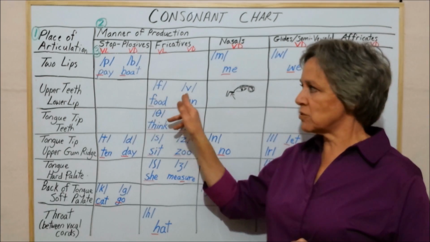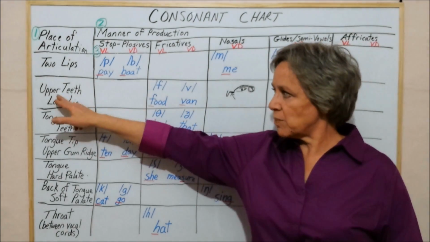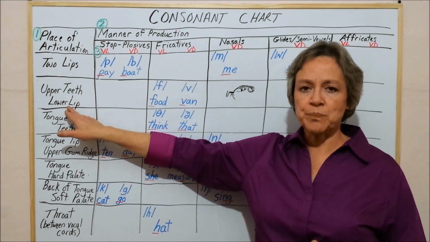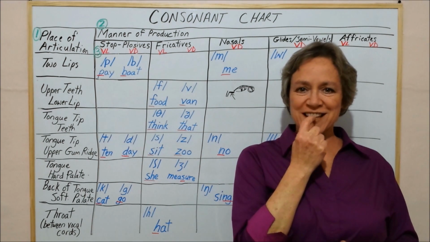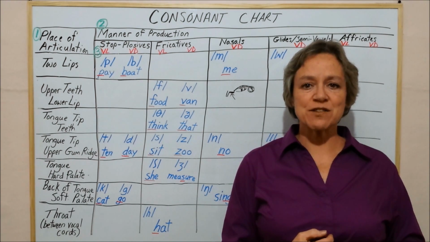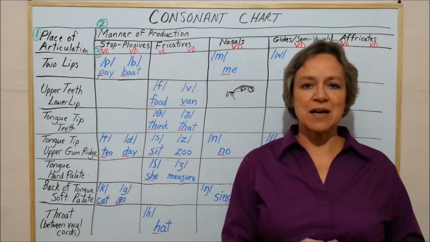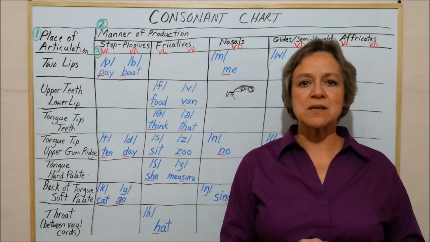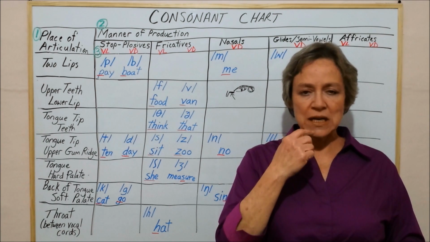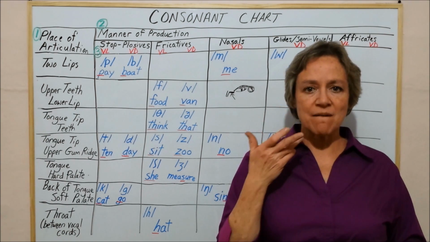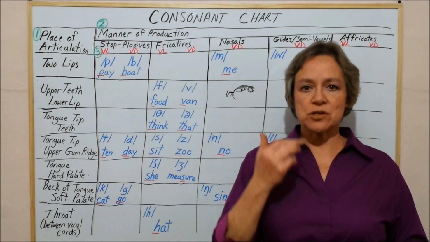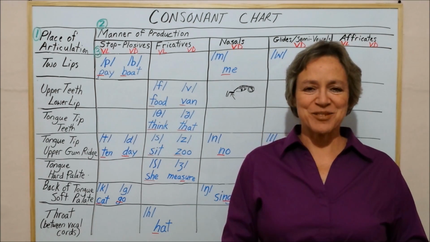So these two sounds are made with the upper teeth and the lower lip. The upper front teeth rest very lightly on the inner part, the inside of my lower lip, like this. Just very lightly and on the inner part, not on the outside, okay?